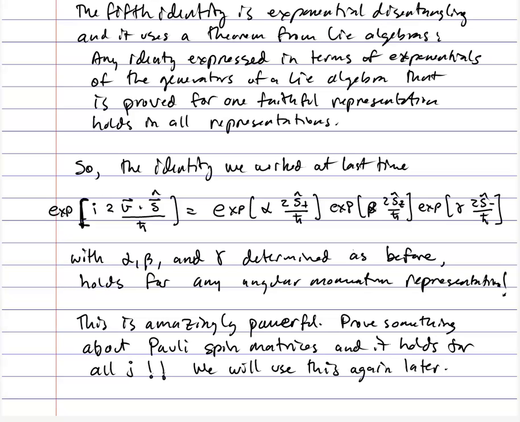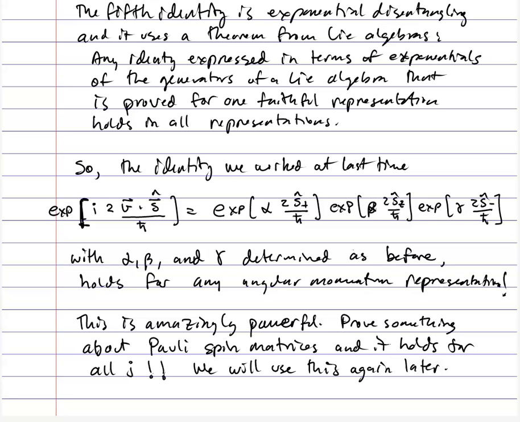Now, I want to point out, to give you a sense of how miraculous this identity is, the formula that we have for the exponential of v dot s, expressed as you get with the Pauli representation, that doesn't hold as an operator relation for exponential of v dot s. I don't know what that exponential is.